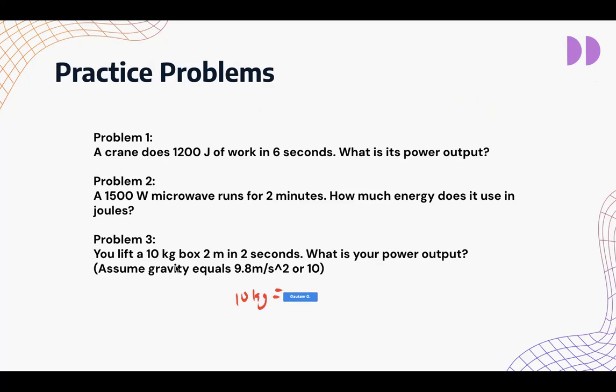Which is equal to mass. But then we have 2 meters, which is, let's say, height, because it's raised up 2 meters. And if it says assume gravity equals, I'm just going to use 10 for right now. So gravity equals 10, and then we also have time, which is equal to 2, right?